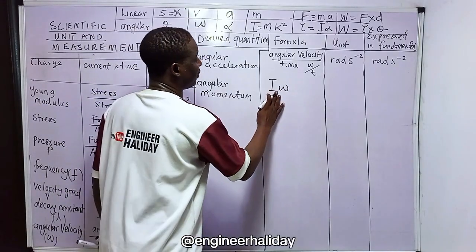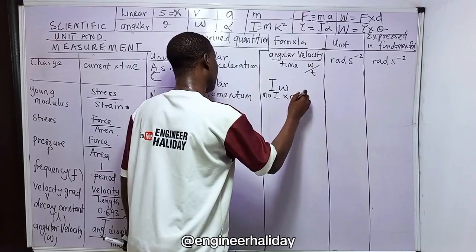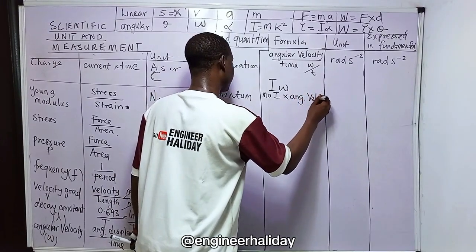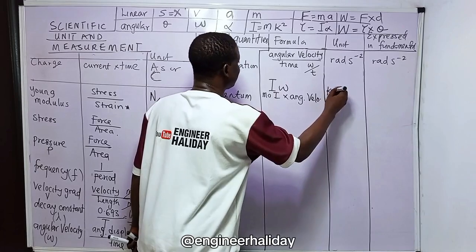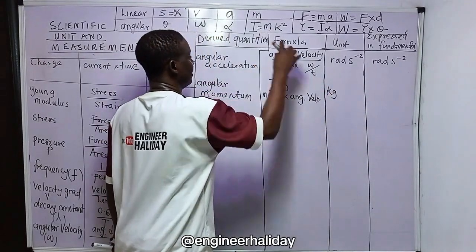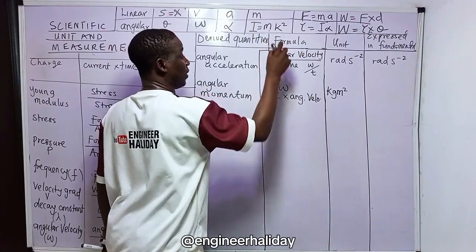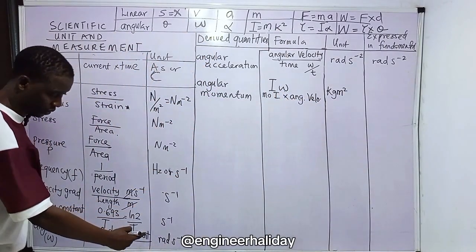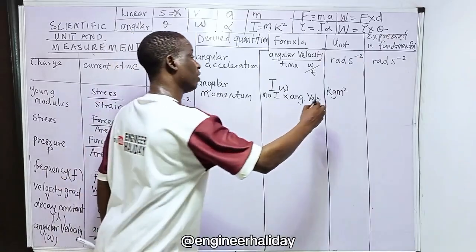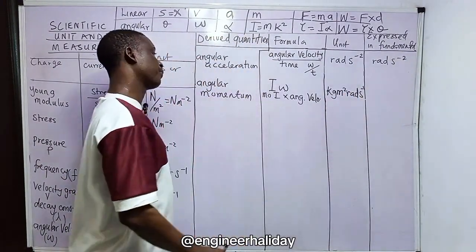That means angular momentum is moment of inertia times angular velocity. Now what is the unit? The unit will be kg, which is the mass, meter squared, which is k squared, the distance squared. Then what is the unit of angular velocity? We have done it before. It is rad per second.